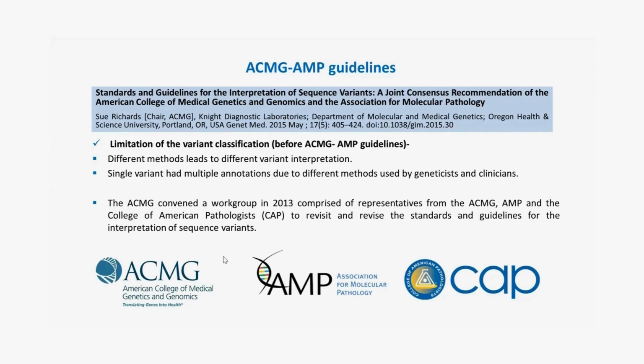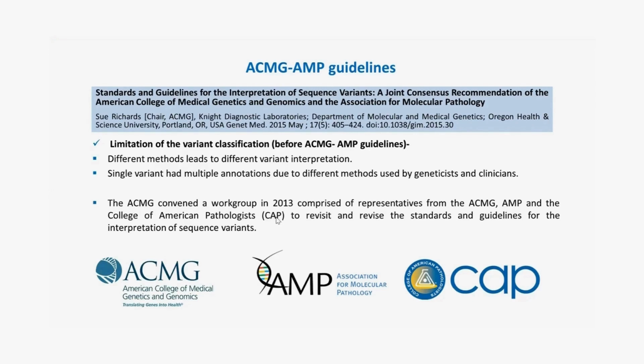So in 2013, ACMG assembled a work group which included representatives from ACMG, AMP, and the College of American Pathologists to revisit and revise the standards and guidelines for variant interpretation. These guidelines were approved in 2015.